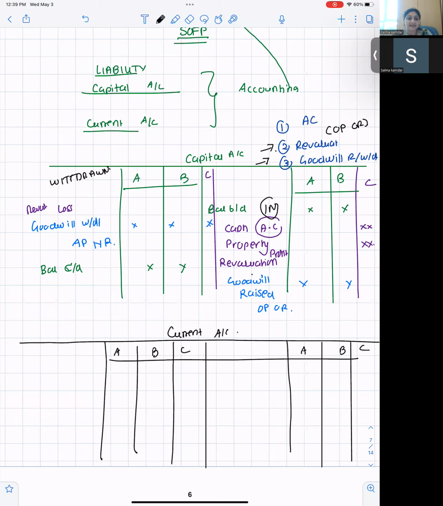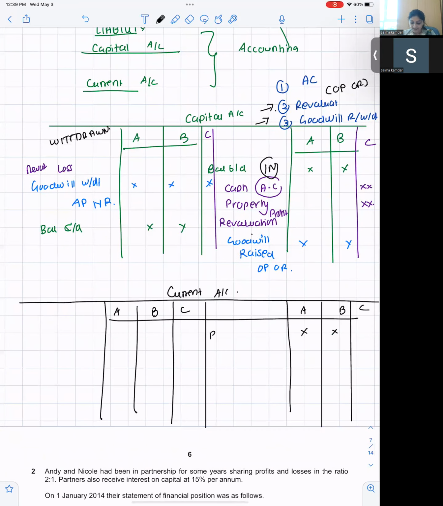Now what happens in the current account? The current account will have the opening balances, and everything else related to the partners would happen in the current account. That is, my interest on capital will come in the current account. The drawings would come in the current account, on the debit side. The interest on drawings would come in the current account.